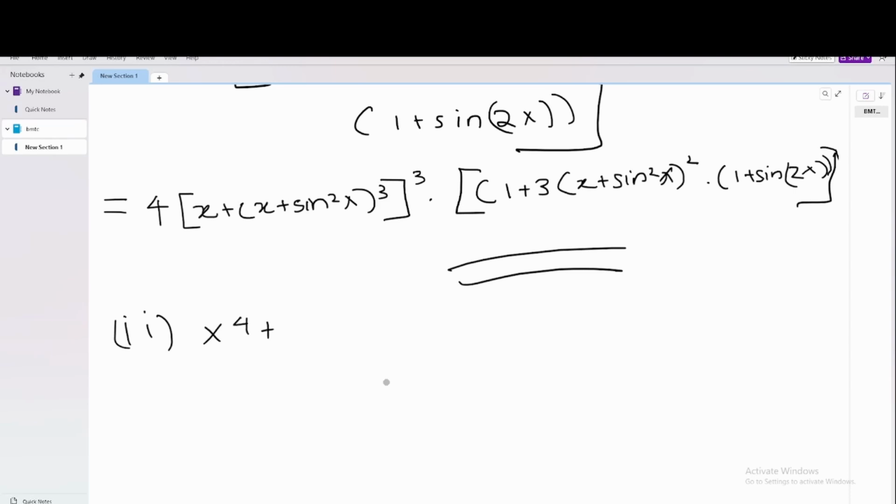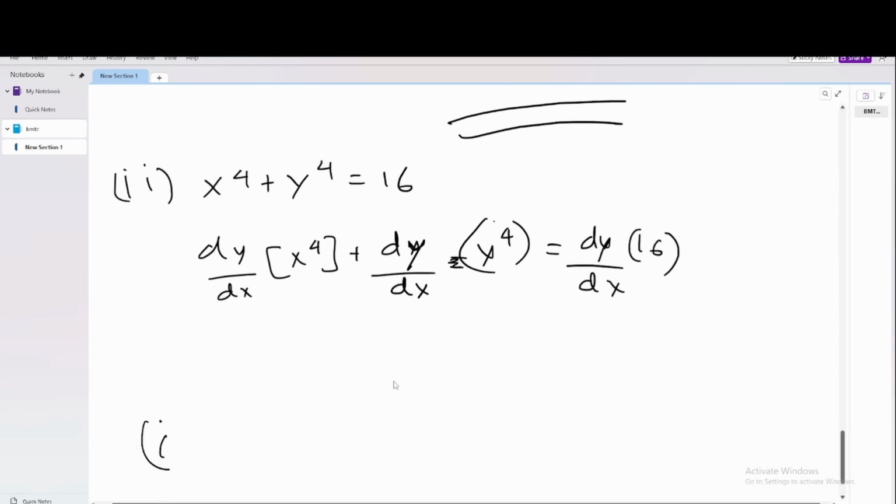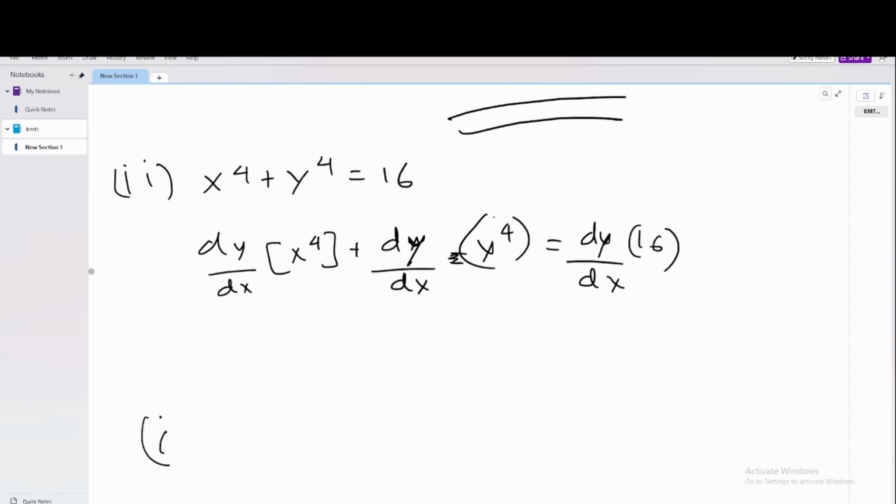So x raised to 4 plus y raised to 4. We differentiate with respect to x on each term. dy by dx of x raised to 4 is equal to 4x cube plus dy by dx of y raised to 4.